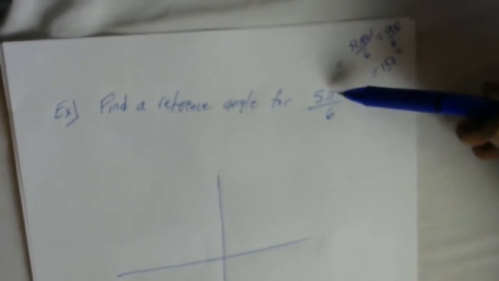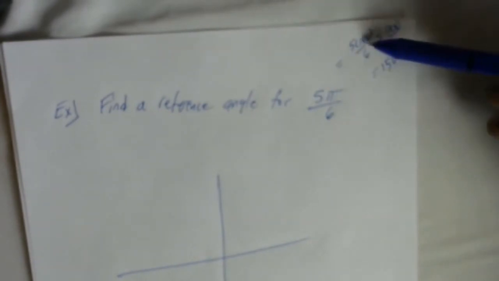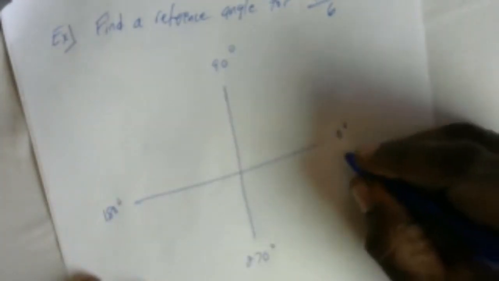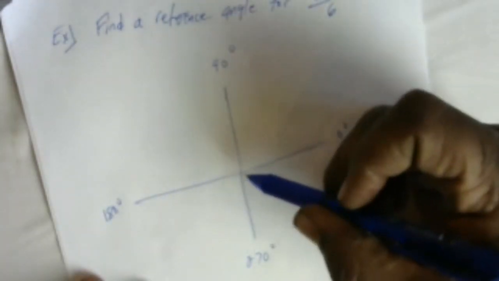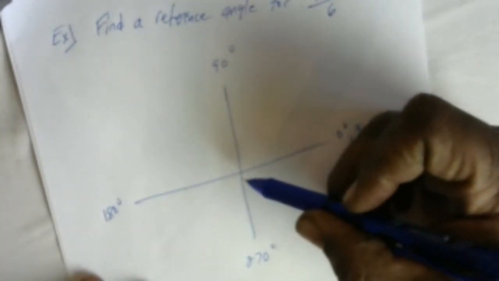You can take pi, convert it to 180, so if you multiply 5 times 180 divided by 6, you should get 150 degrees. A 150 degree angle would lie in the second quadrant.